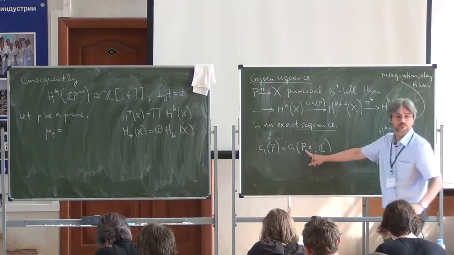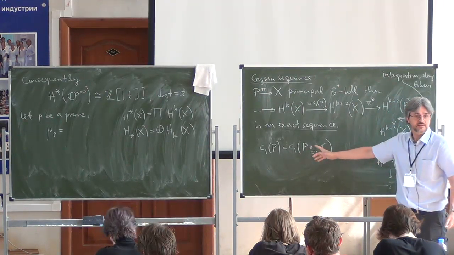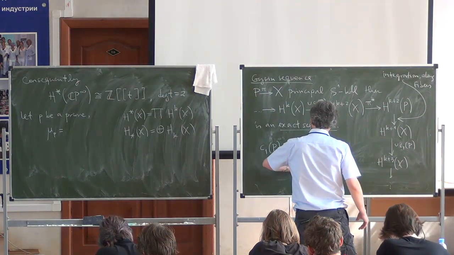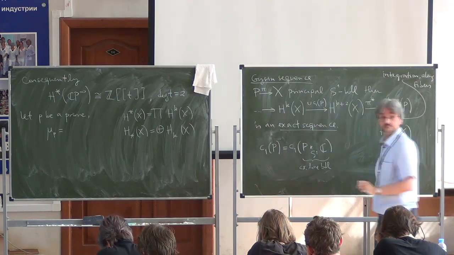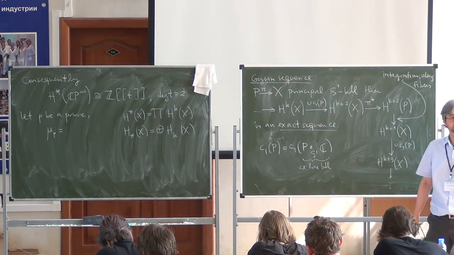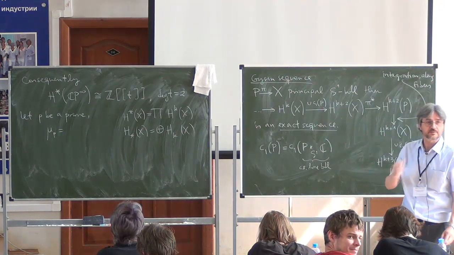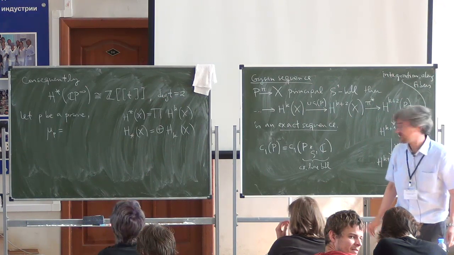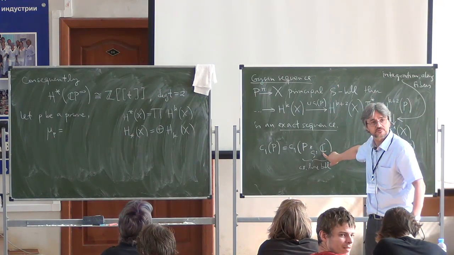You can associate to P a line bundle this way, and it's a complex line bundle. You can also refer to it as the Euler class of the sphere bundle.